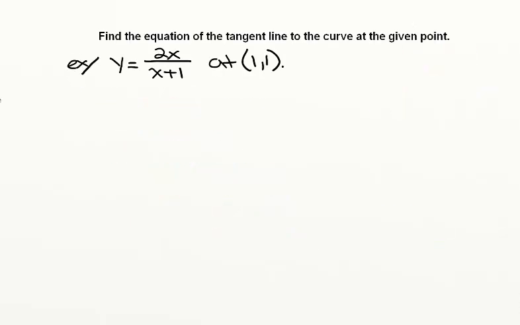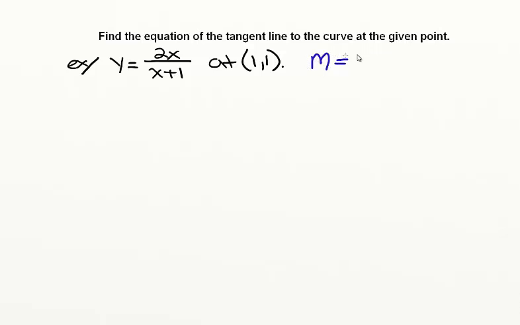So here's our second type of problem. We want to find the equation of the tangent line to the curve at the given point. Now, when we're finding the equation of the tangent line, we first need to find its slope, because we have our point, so to use point-slope form or the slope-intercept form, we're going to need to find the slope.